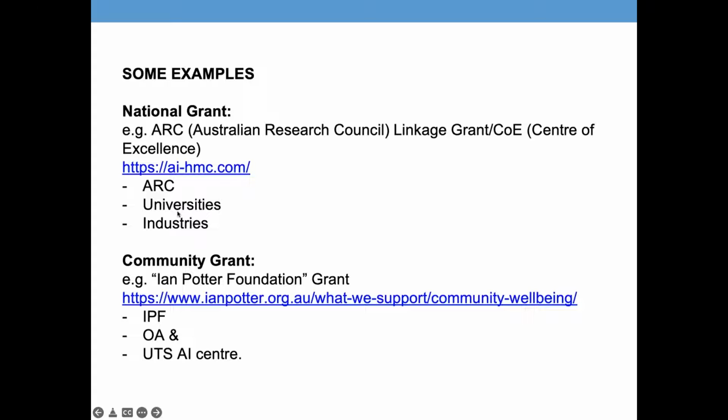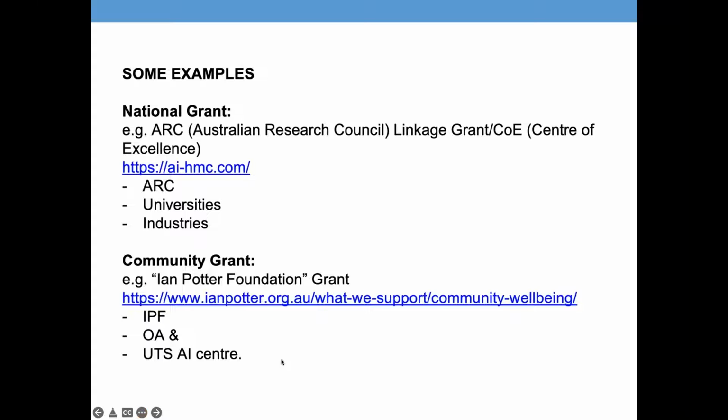And there are other grants, even what we call community grants, available for non-profit organizations. For example, one of the grant applications we are currently working on is the Import Foundation grant. That grant provides investment for non-profit organizations, so long as they contribute to community well-being.